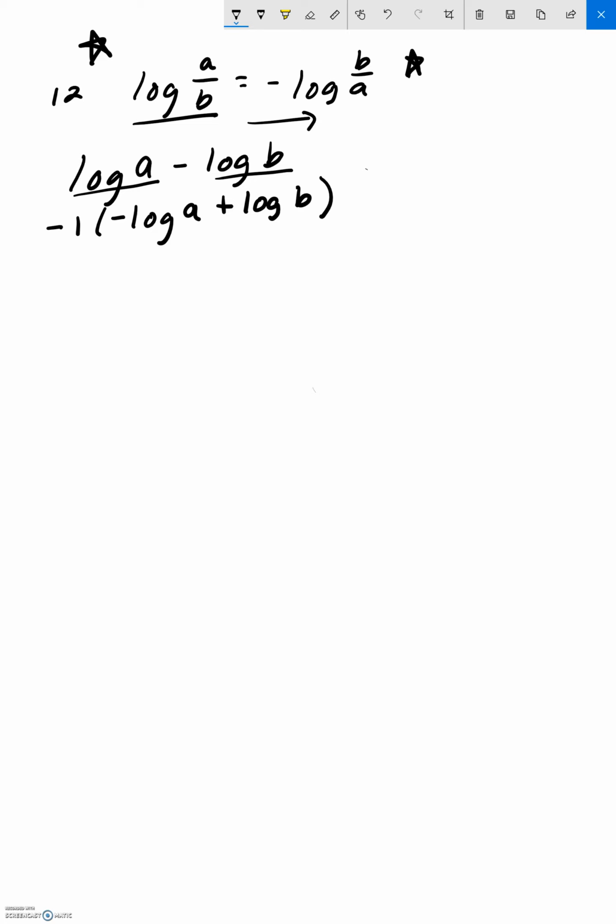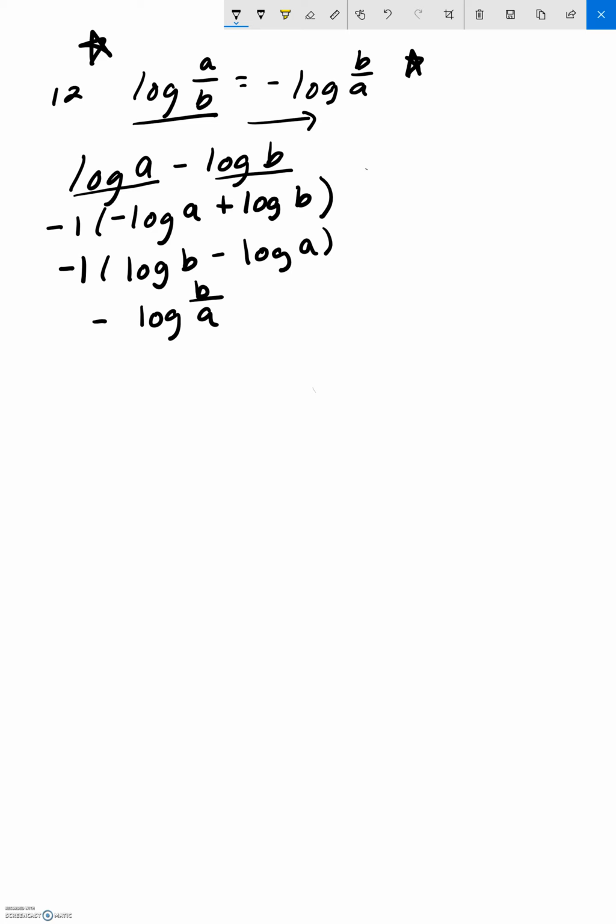Then if you just flip that around on the inside, it's going to look like the log of b minus the log of a. And b minus a log of a, I'm going to take that out, is just the log of b over a.